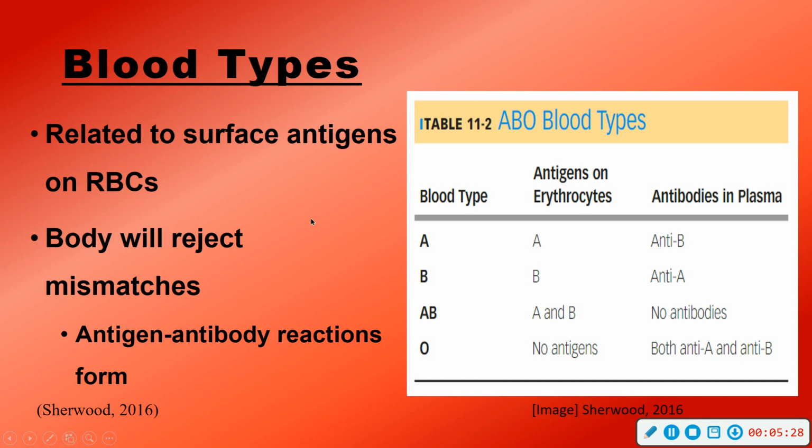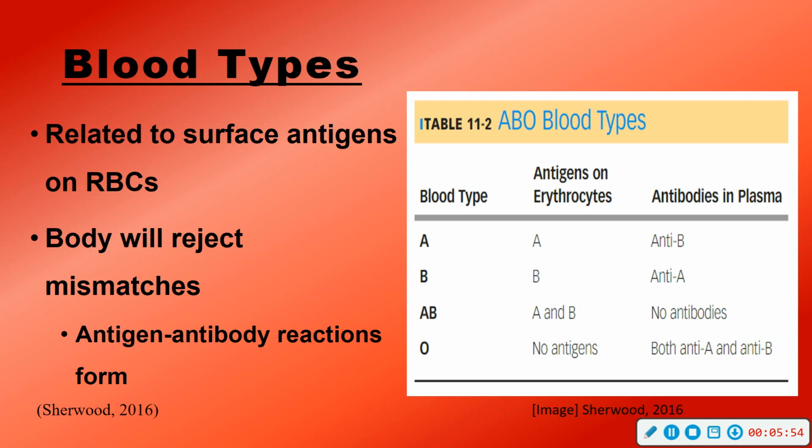Okay, so now that we know what red blood cells are, let's talk about why we have different types of blood. So antigens, we always hear about antigens from bacteria. Antigens are molecules that cause some kind of immune response. And when they get into your body, we have antibodies that fight those antigens.